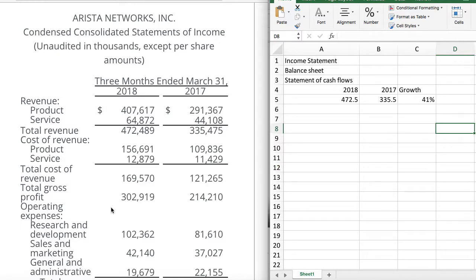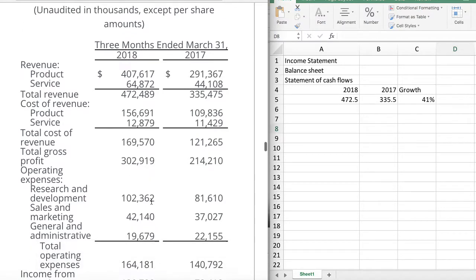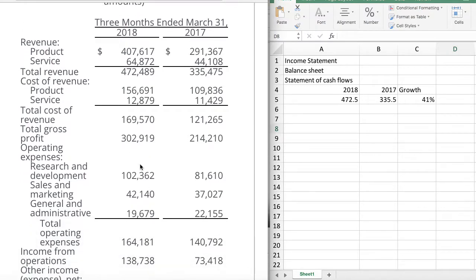If we look down here, we have the total cost of revenue, which is their cost of goods sold, and then we can see their total gross profit. We take the total gross profit number, and do the same thing in 2017, 214.2, and we can see a gross margin number.